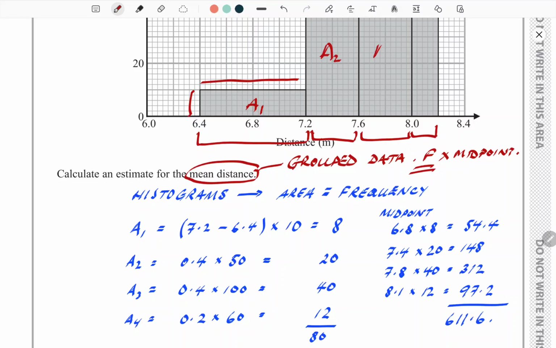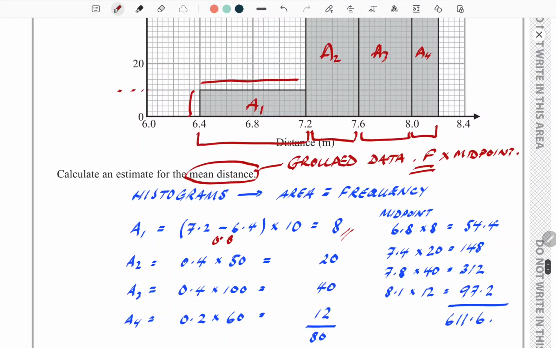So area 1, area 2, area 3, and area 4. For area 1, the width is 7.2 minus 6.4, so that is 0.8, times 10, which is the height here. That gives us 8.